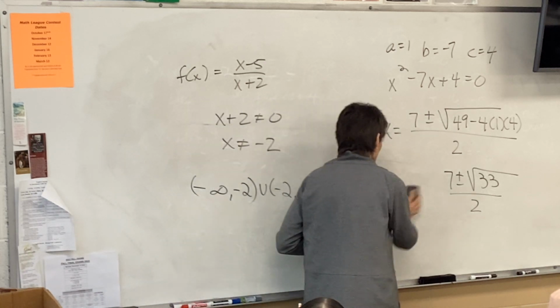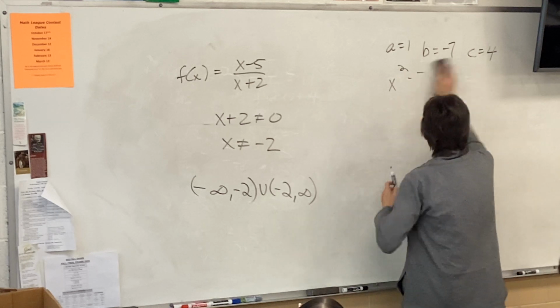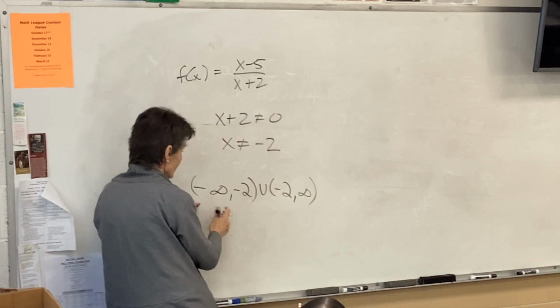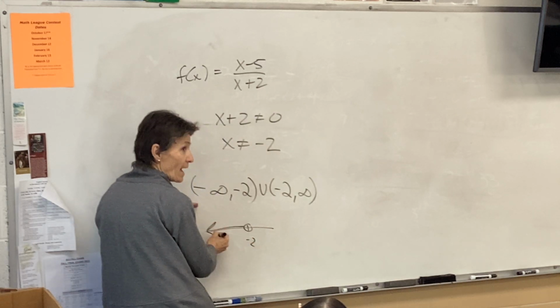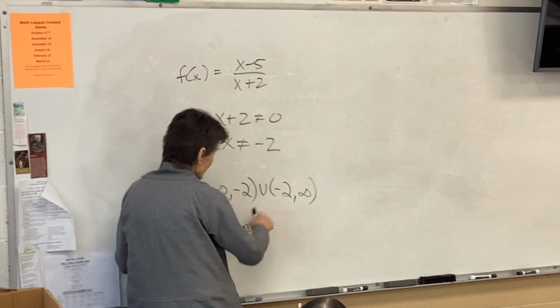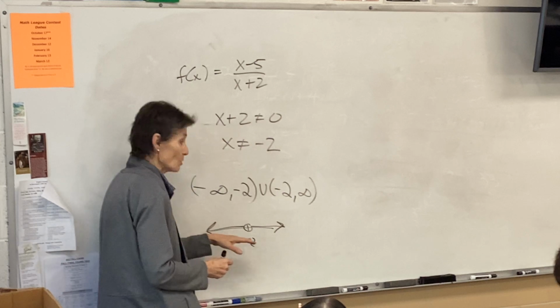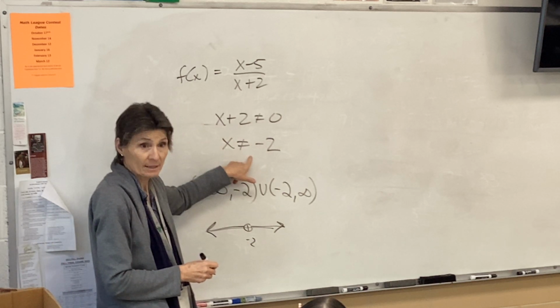We spent a lot of time talking about interval notation. Doesn't that mean the same thing? Think about what this says. Doesn't this say, here's -2, and I want all of that? And that says, there's -2, but I want all of that? So what have I got? Everything except -2.